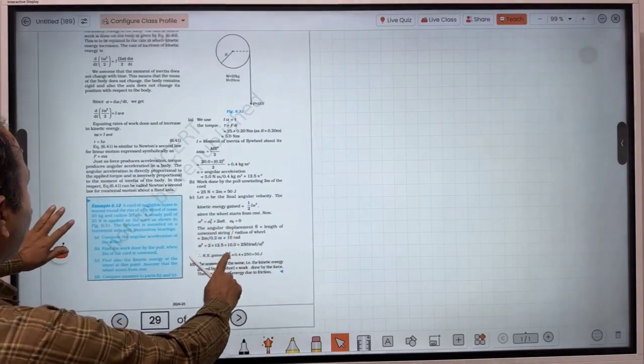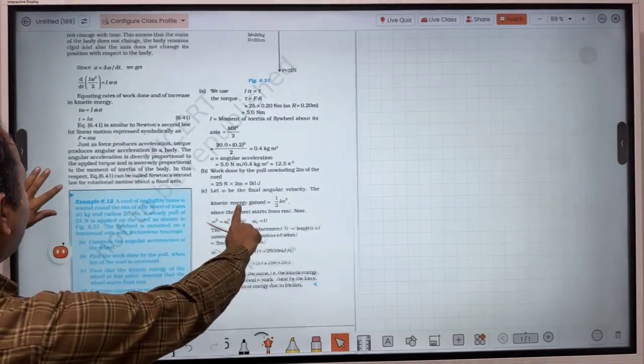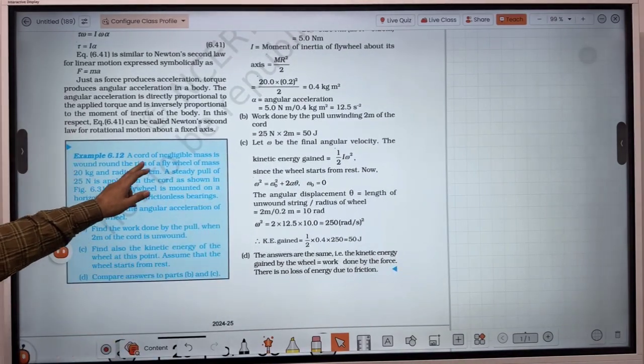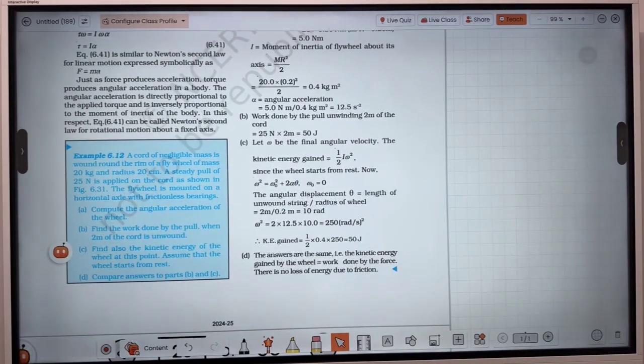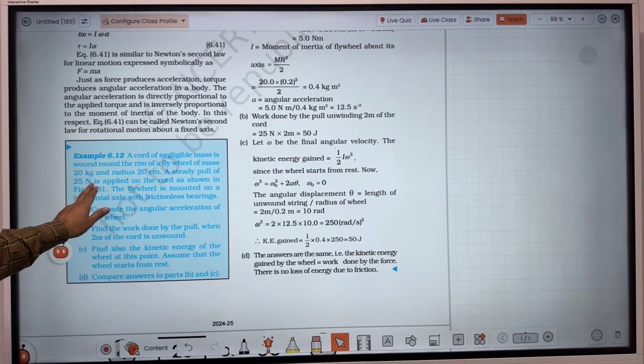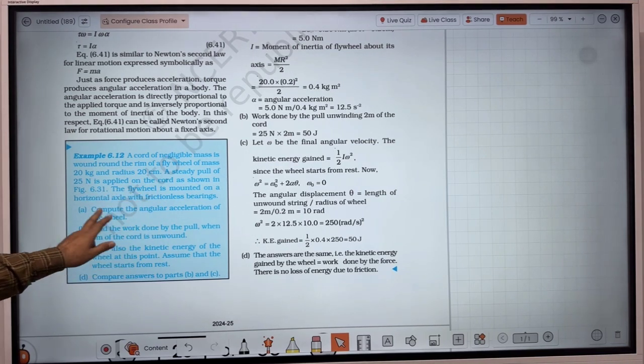Here there is a very good question. Let's read the question first and then we will try to solve it. A cord of negligible mass is wound around the rim of a flywheel of mass 20 kg and radius 20 centimeter. A steady pull of 25 Newton is applied on the cord as shown in the figure.